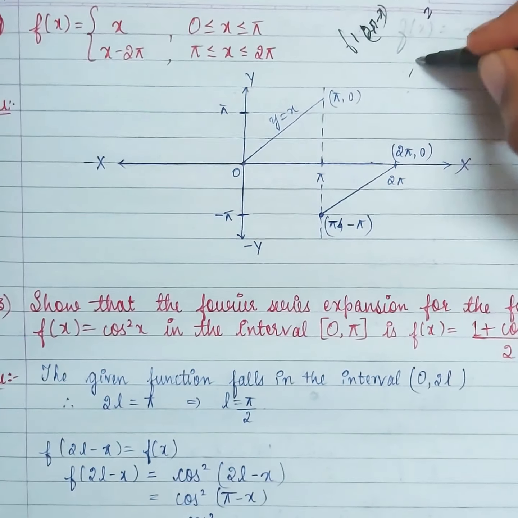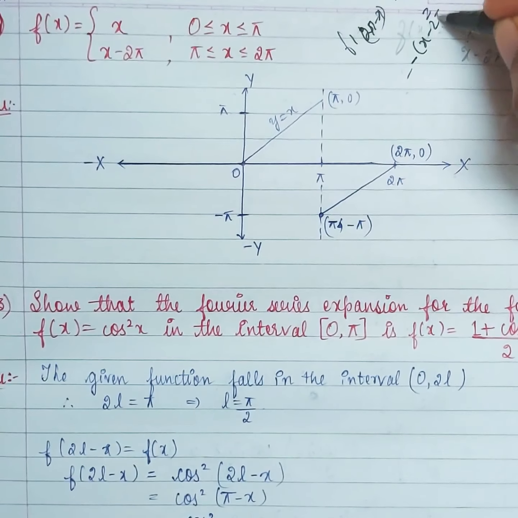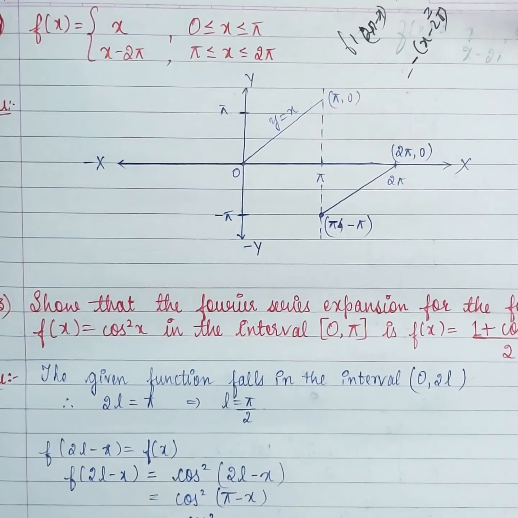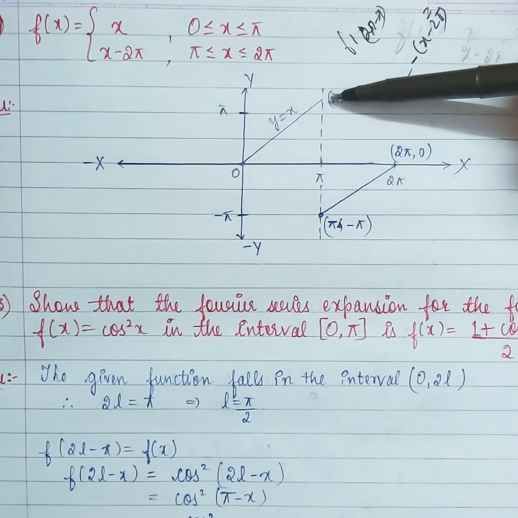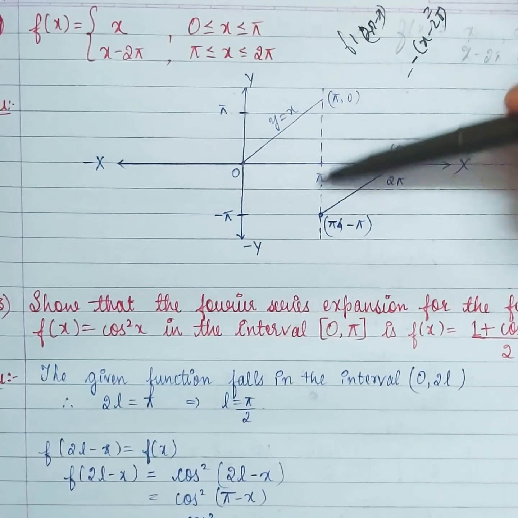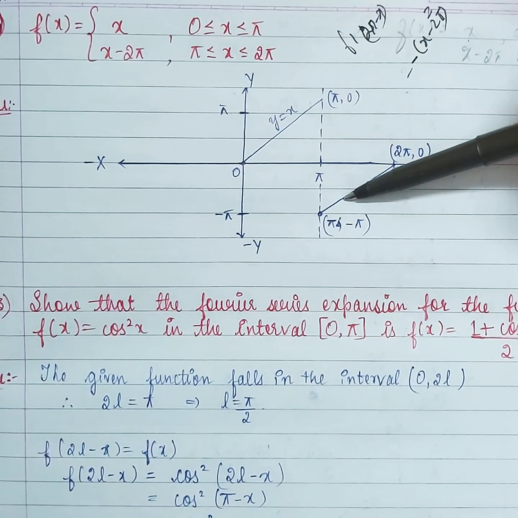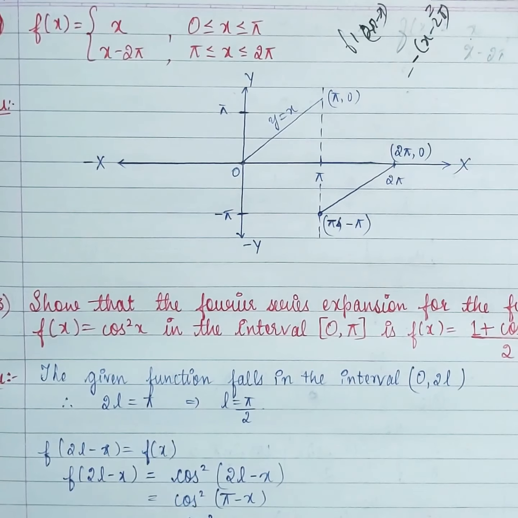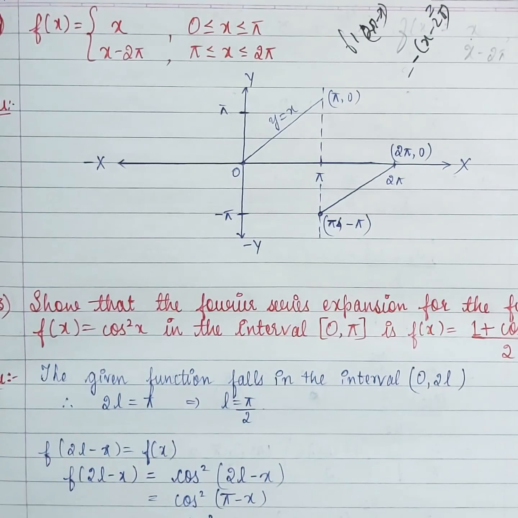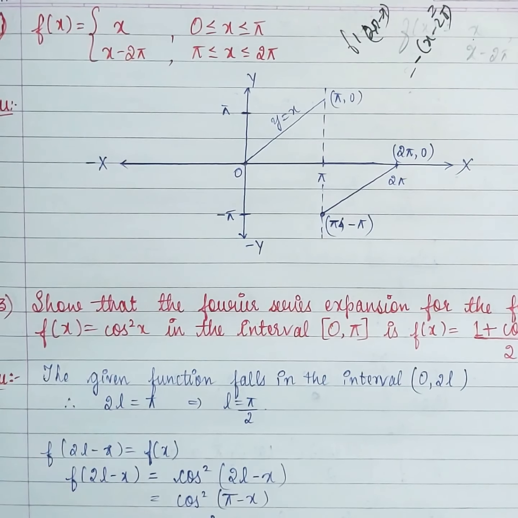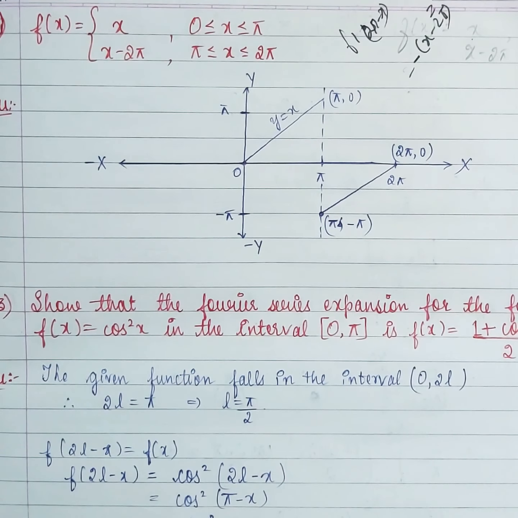Because if you take minus common, you will get x minus 2 pi. So if you get negative, it means odd. You can see here, same diagram. With pi as the middle line, it is reflecting on the negative side. So the function is an odd function. So an odd function means a naught and an will become 0, and we have only bn.